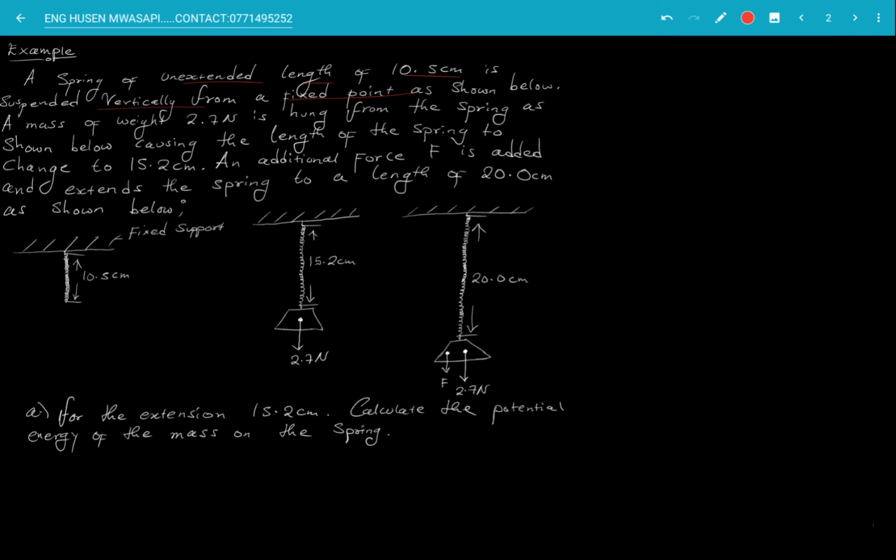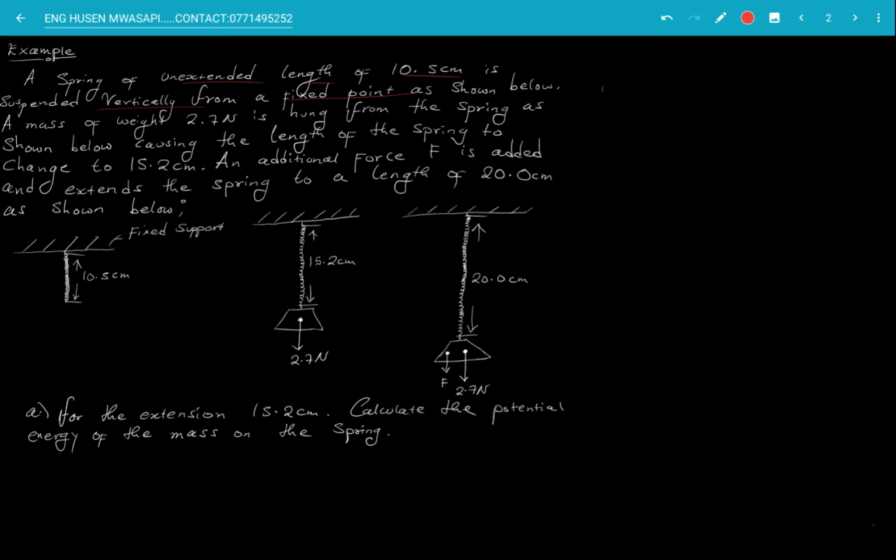To change the length to 15.2 centimeters, we have an additional force F, which is added, and it extends the spring to a length of 20.0 centimeters, as you can see here. Now, I've been asked to calculate, for the extension of 15.2, the potential energy of the mass on the spring.